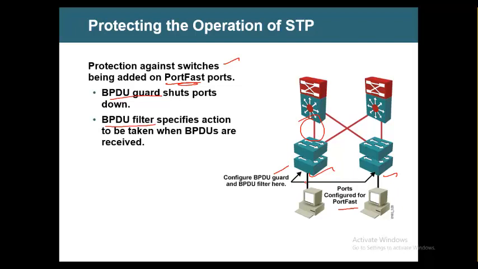If any BPDU tries to come in, it will not allow it. Immediately it will shut down the port if a BPDU comes on the BPDU guard enabled port. That prevents loop, that prevents rogue BPDU coming in.